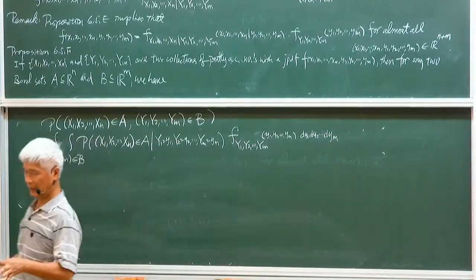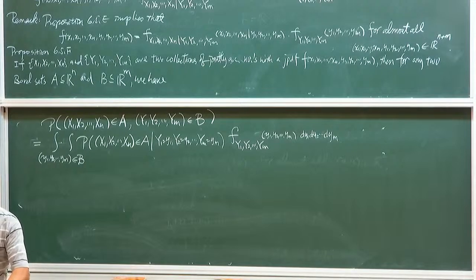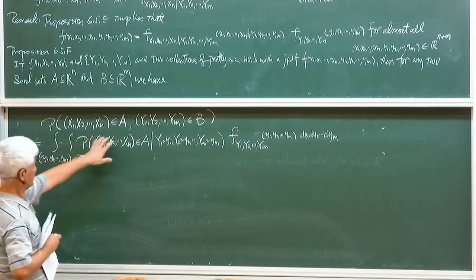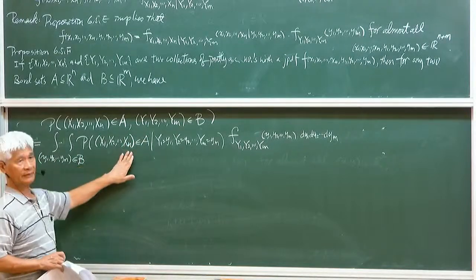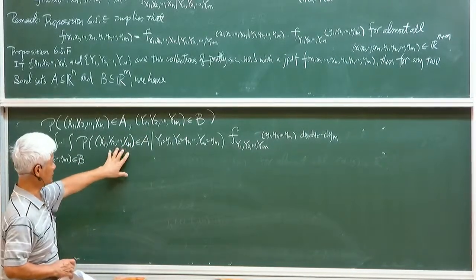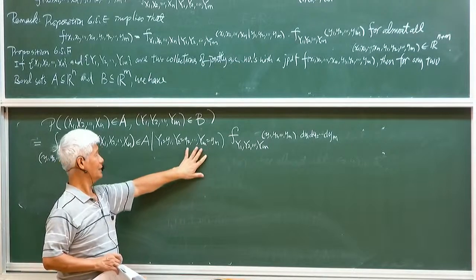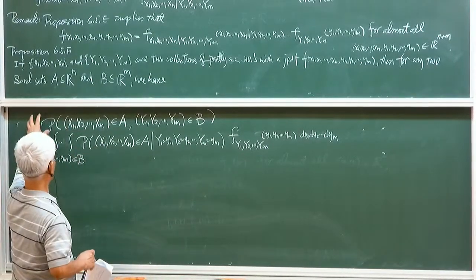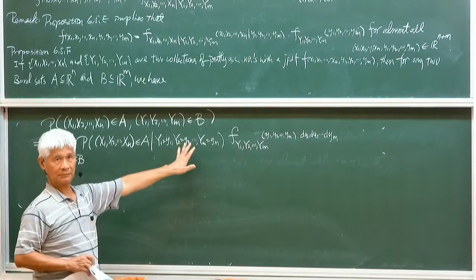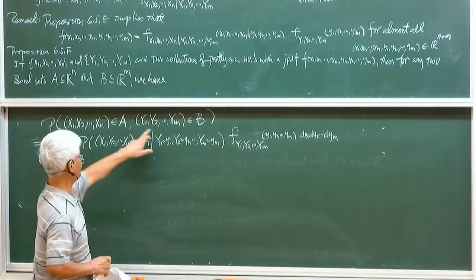Okay, so the previous definition of conditional probability of this event given this data can be used to evaluate the joint probability of these two events.